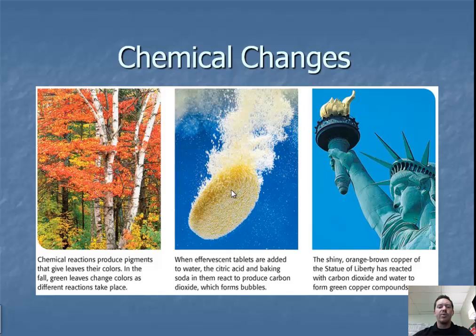Sometimes you put these in your water and drink it to help with an upset stomach or heartburn. The citric acid and baking soda in them react to produce carbon dioxide. These bubbles coming off are evidence of a chemical reaction.